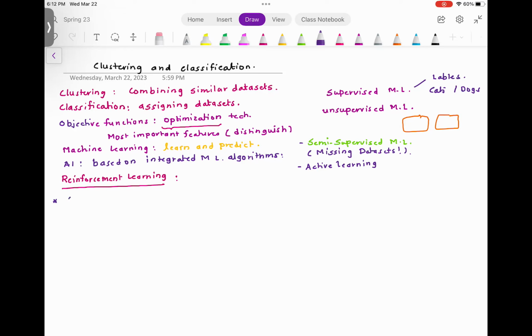So we are going to look at common supervised and unsupervised machine learning techniques.